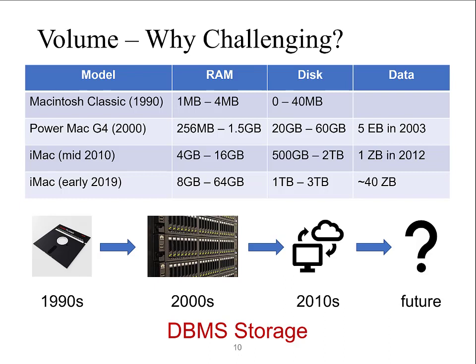In 2000, the maximum capacity of RAM is 1.5 gigabytes, and for a hard disk is 60 gigabytes. In 2010, RAM increased to 16 gigabytes, while we would be able to have a 2 terabyte hard disk. And last year, the RAM is 64 gigabytes, and the hard disk is 3 terabytes.